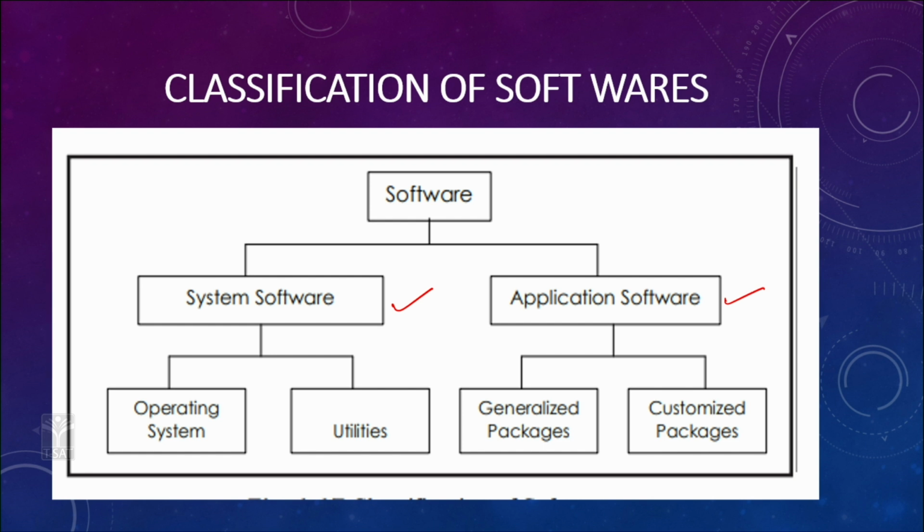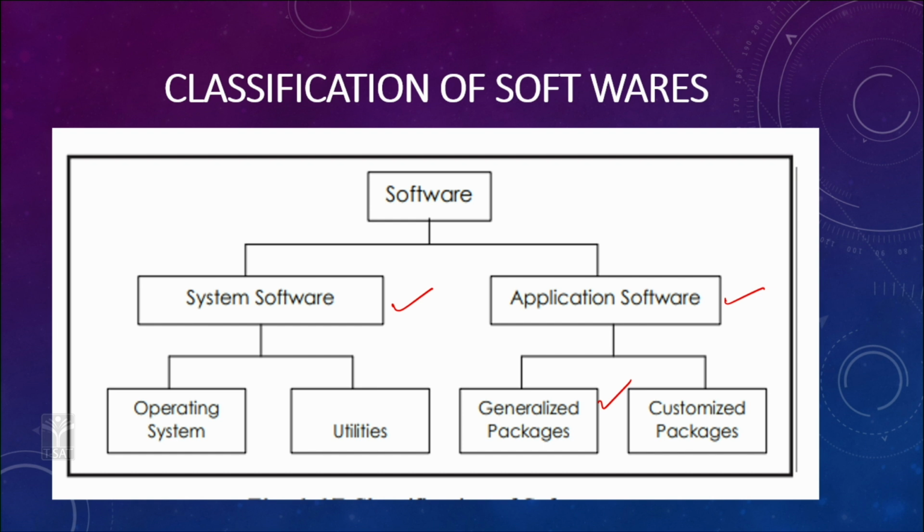One is operating system software and the other one is utilities. These two come under system software. When it comes to application software, it is classified into two kinds. One is generalized package, another one is customized package.